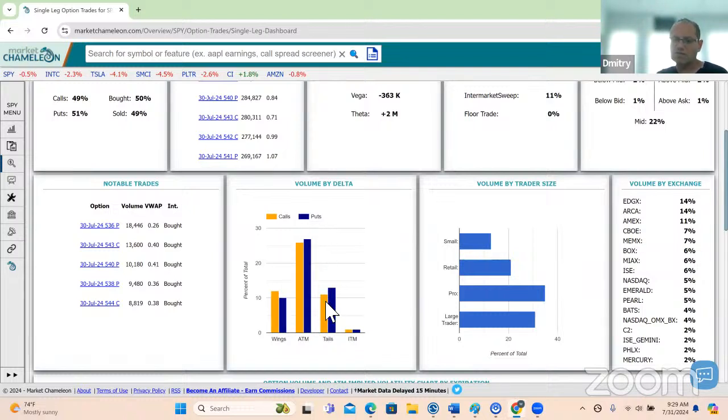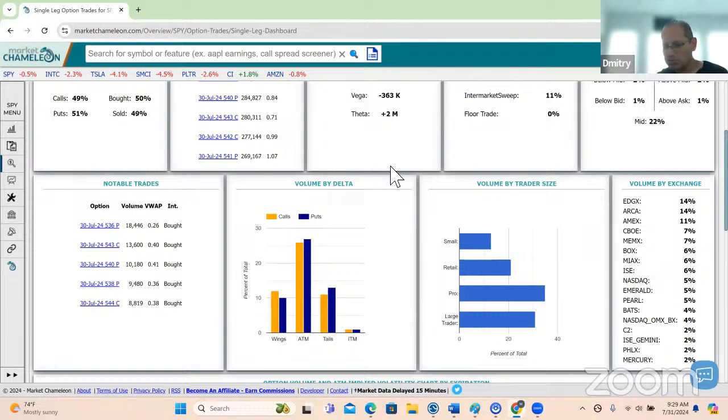We had 11% of the volume in calls, 13% in puts, with the tails, and then you have the deep in the money. This would be 95 delta or above, where these options move very close with the stock price, dollar for dollar, and not that many, 1% on each.